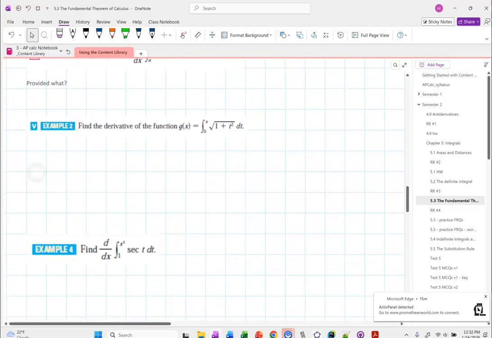So, continuing on, let's look at an example. Find the derivative of this function g of x equals the integral from 0 to x of the square root of 1 plus t squared dt.